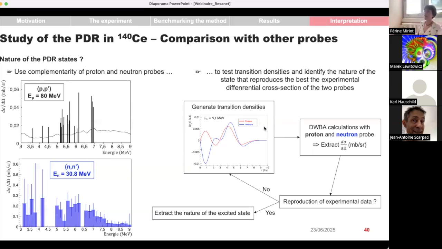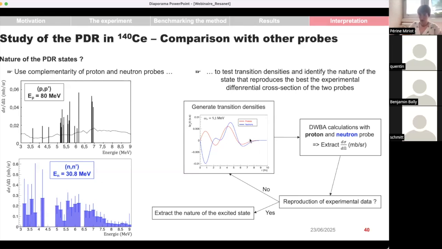And the goal now will be to generate transition densities independently of microscopic models, and to play with the relative contribution of protons and neutrons, since we know that the proton and the neutron probes have complementary sensitivity to those contributions.